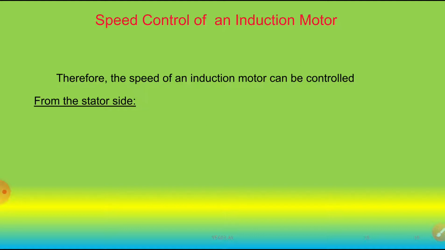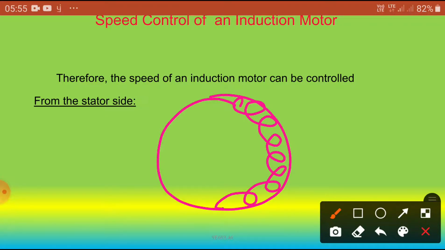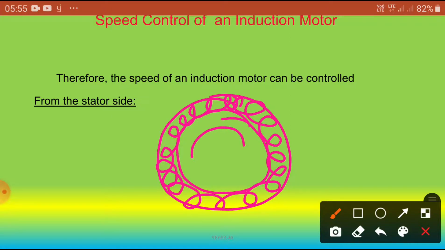As we know, this is the stator, with a 3-phase winding: R phase, Y phase, B phase winding. And this is the rotor, which is a squirrel cage induction motor or slip ring induction motor.